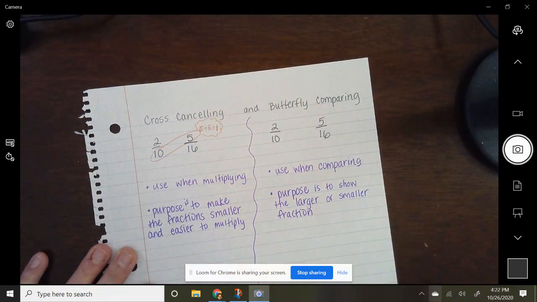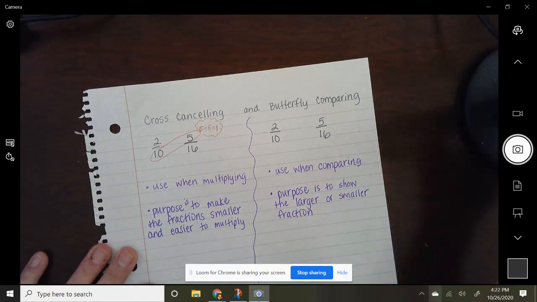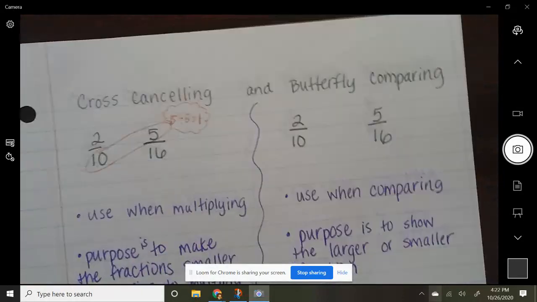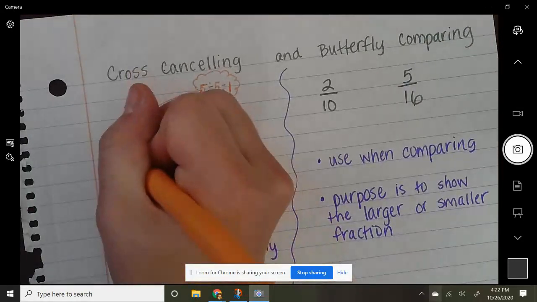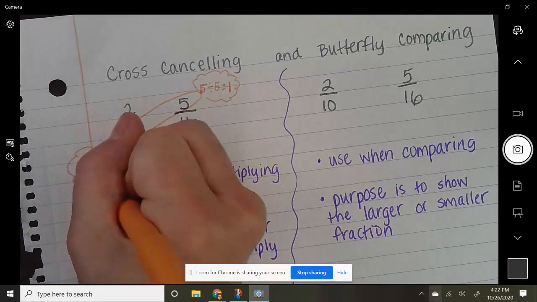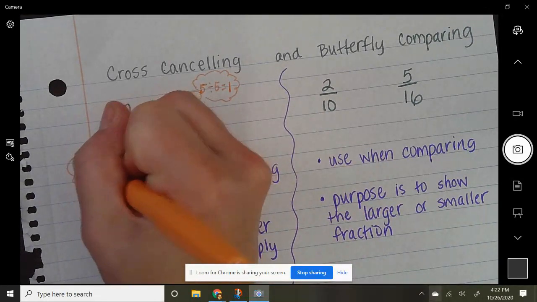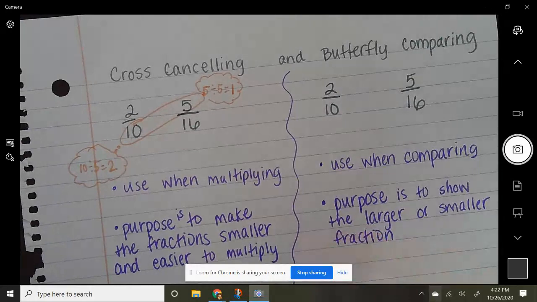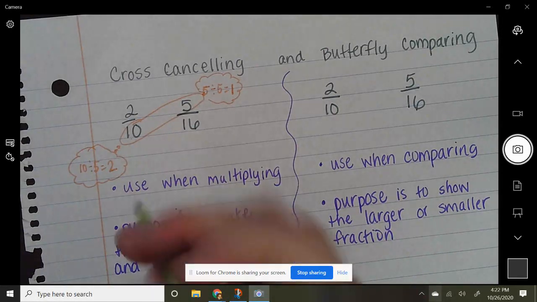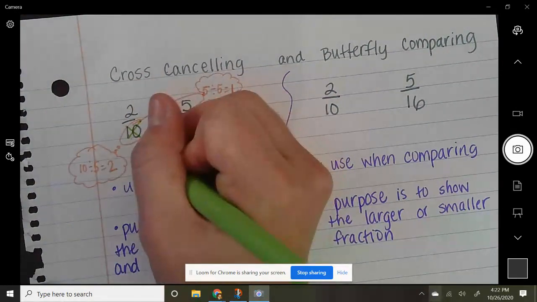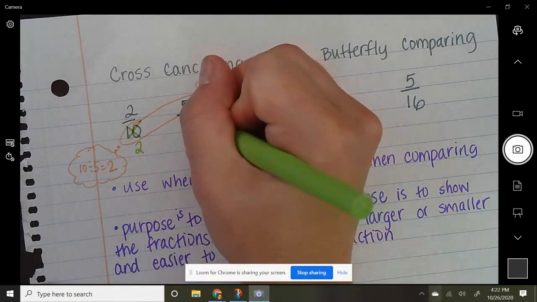Let me zoom in on this. Oh, I went the wrong way. Zoom in. There we go. And over here, I am thinking, because I know 5 is their common factor, 10 divided by 5 equals 2. So when I cancel this out, let me get a different color. I am changing the 10 into a 2 and the 5 to a 1.